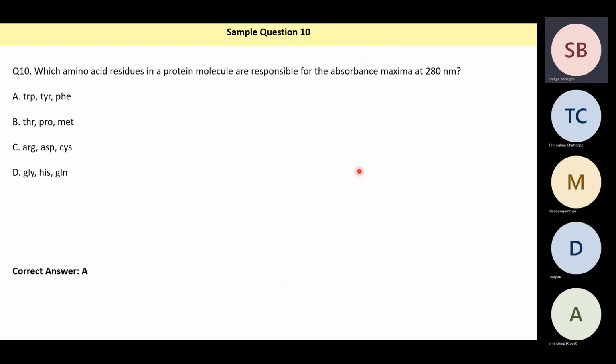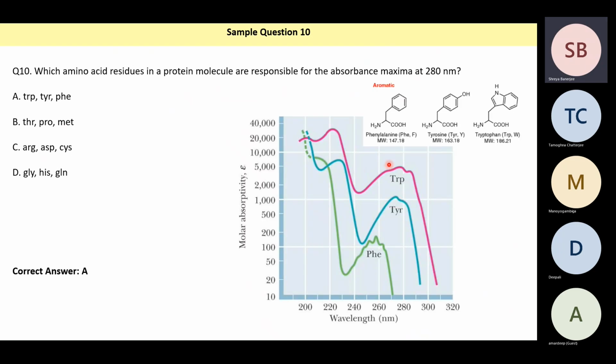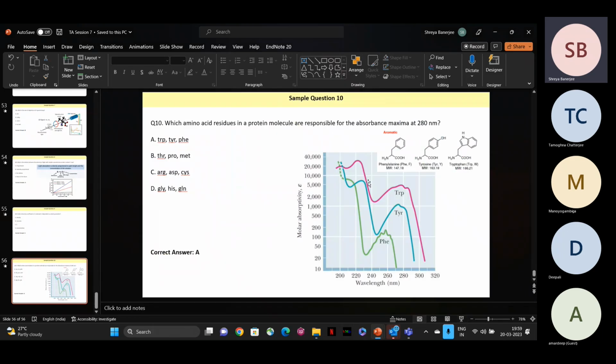So the correct answer is A. If you remember, the UV absorbance of protein is due to the presence of the aromatic amino acids, and they show a characteristic absorbance around 280 nanometer. So if a protein does not have an aromatic amino acid, we cannot observe it using UV visible spectroscopy. So that is all the questions for today.